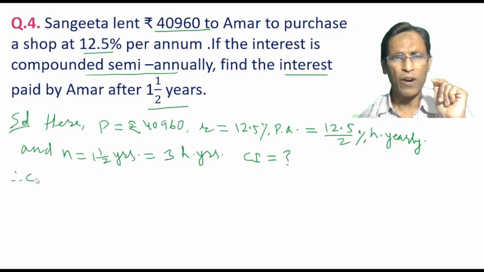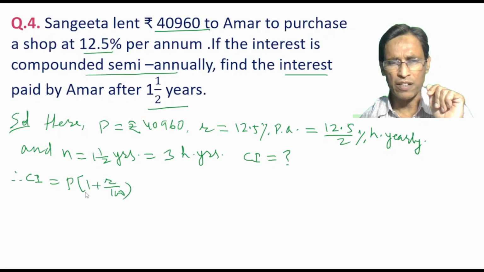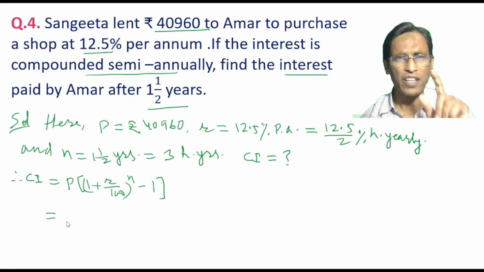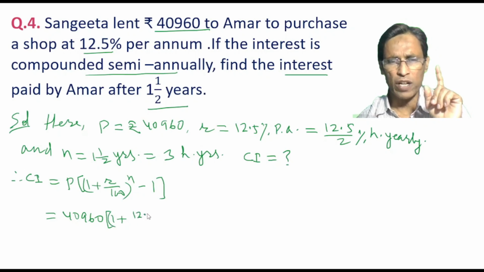Therefore, compound interest के लिए we use the direct formula CI equal to P times under bracket 1 plus R by 100 to the whole power n minus 1. In the next step, P को रिप्लेस किया जाएगा 40,960 से और R को रिप्लेस किया जाएगा 12.5 by 2 से एंड सो 12.5 by 2 into 100.